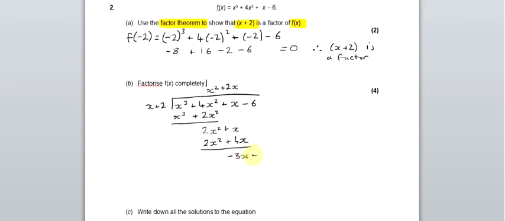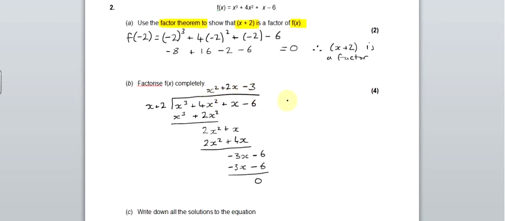And we bring down the minus 6 at this point. And then we divide it by x. X is going to minus 3x minus 3 times. Take the minus 3, multiply it by the x to get minus 3x. Minus 3 times positive 2 is minus 6. And we have a result of 0. And that's what we're expecting because we know that this is a factor. So this is our other bit.